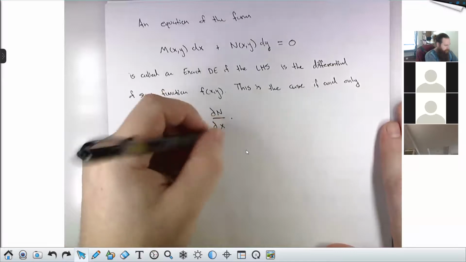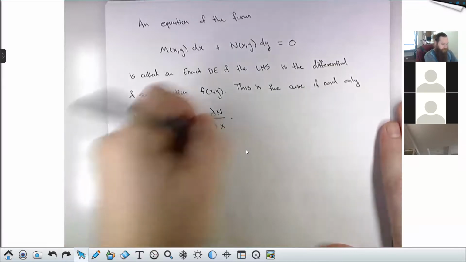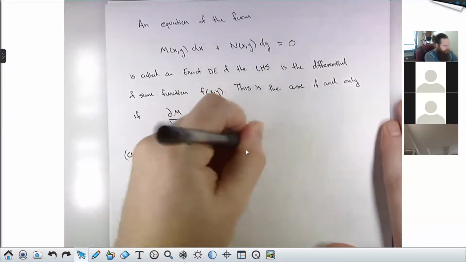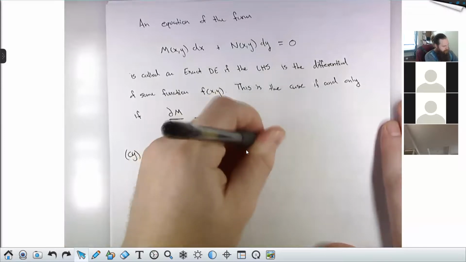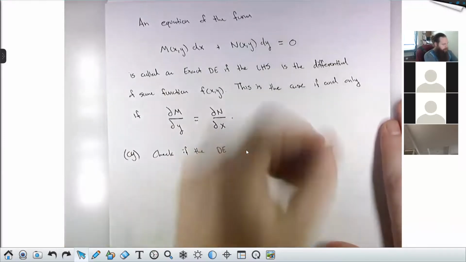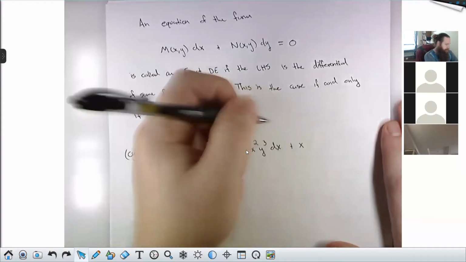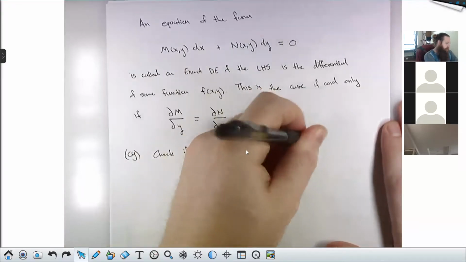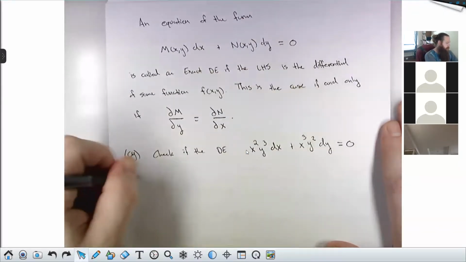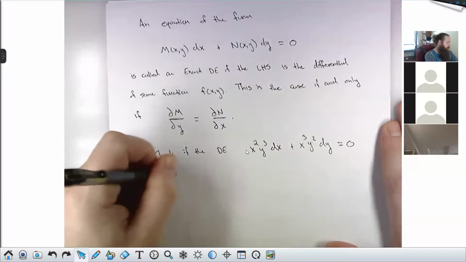So let's check if the differential equation x squared y cubed dx plus x cubed y squared dy equals 0 is an exact equation.